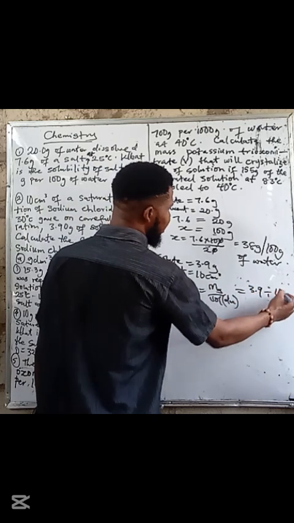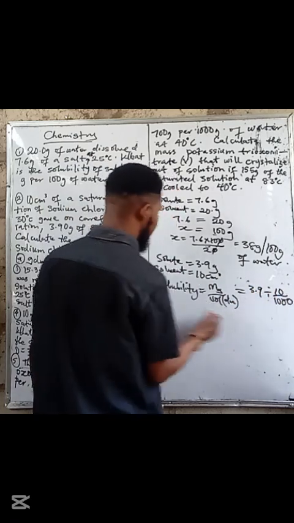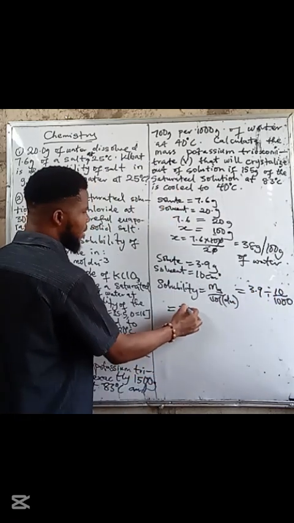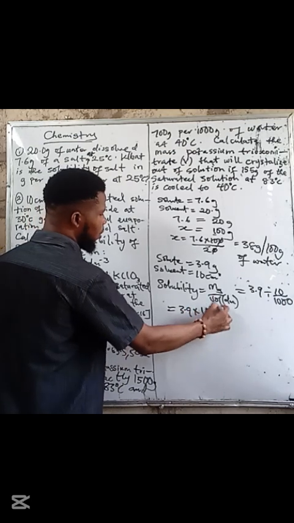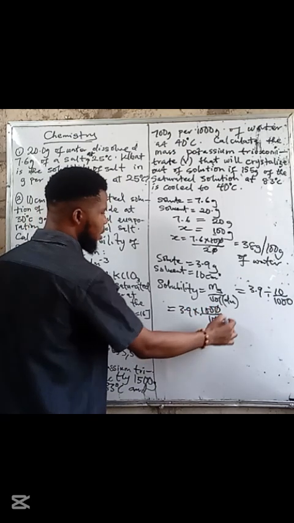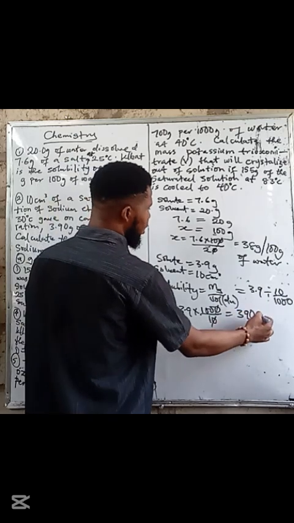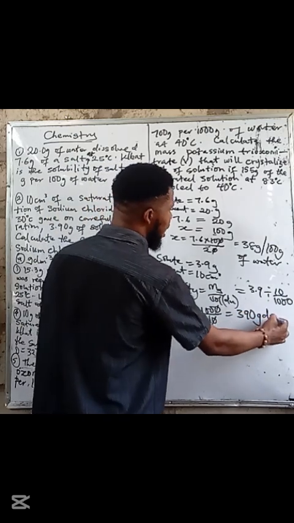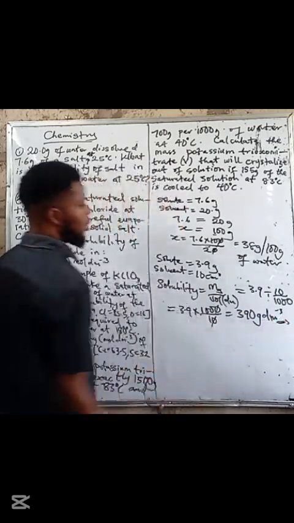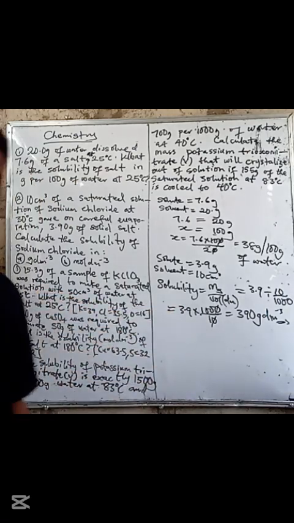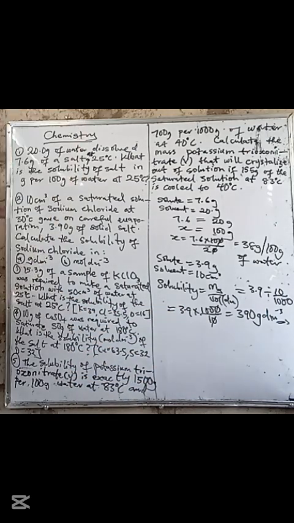The volume is 10, then divide by 1000, okay? So when you do that mathematics, you are going to have 1000 over 10. You can see, it's a very simple math. That's 39 grams per dm³. Can you see that? 390 grams per dm³. It's a very simple mathematics. I hope you understand that.